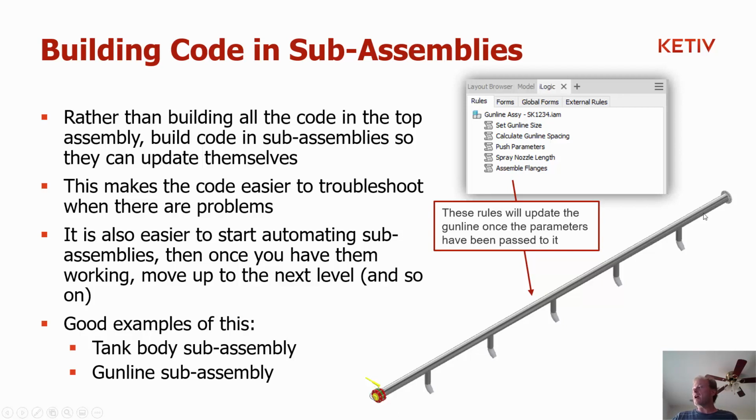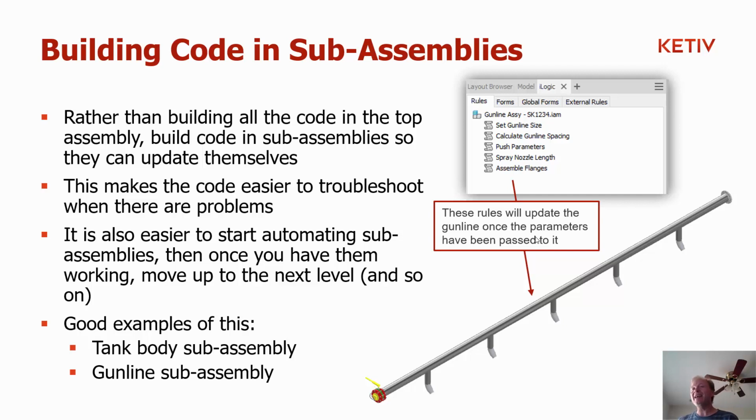I need to know how many downpipe nozzles that we have that are going to spray their media into the tank. I obviously need to have some end connections here. And what I did is I built that in isolation. All of the rules to create a gun line are contained within this gun line assembly. Then once I get everything working, I'm like, fantastic, I got this working and creating the gun line exactly the way I need it to.